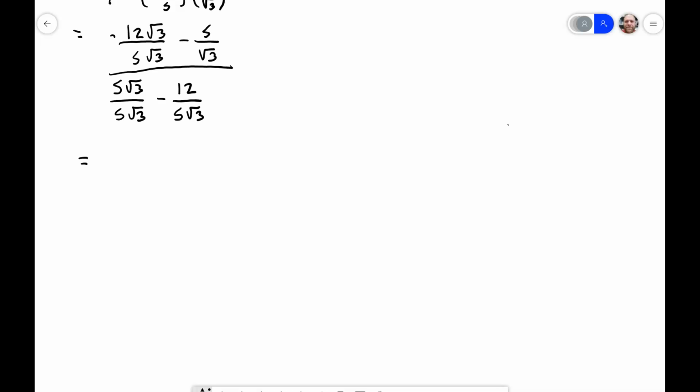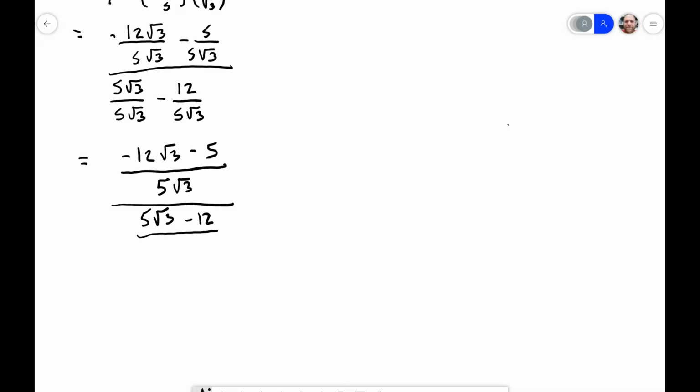Then combine those together. We're going to have negative 12 root 3 minus 5 all over, oh, I forgot to put the 5 on the bottom, all over 5 root 3, and this is going to be over 5 root 3 minus 12 all over 5 root 3.